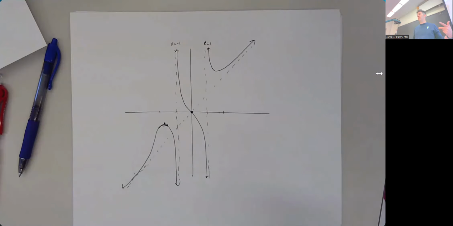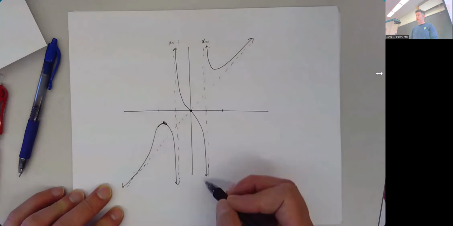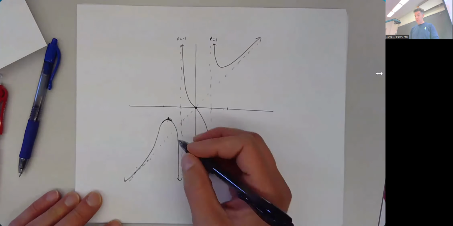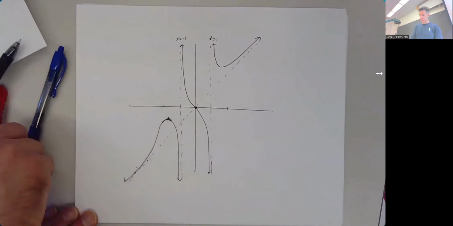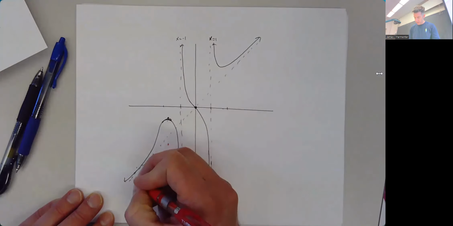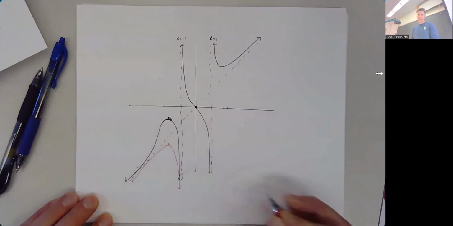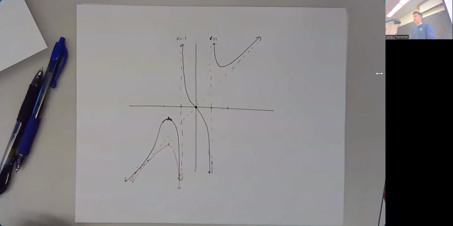But you shouldn't be crossing it without the need to cross it. Like I did here, right? I had to cross the slant asymptote there because of the way the function was going. But the way this probably should have actually looked is more like this. It probably should have been something like down here. That's how it probably should have actually looked.